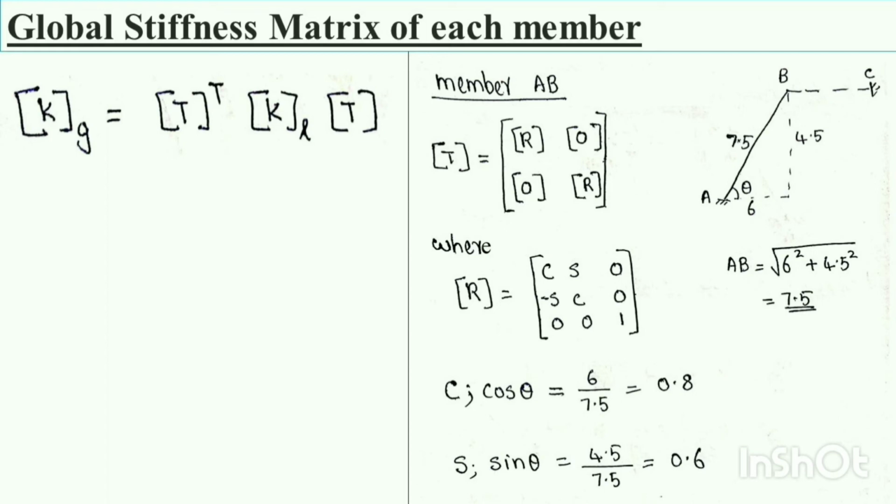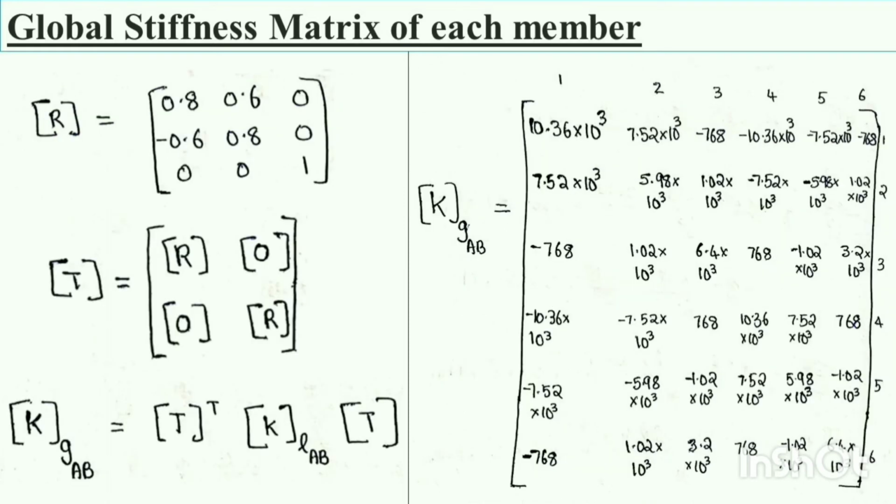Transformation matrix T will be R 0 0 R, where R is C S 0, minus S C 0, and 0 0 1, where C is cos theta, which is 6 divided by 7.5, that is adjacent side by hypotenuse, which is equal to 0.8, and sin theta is equal to 4.5 by 7.5, that is opposite side by hypotenuse, which is equal to 0.6.